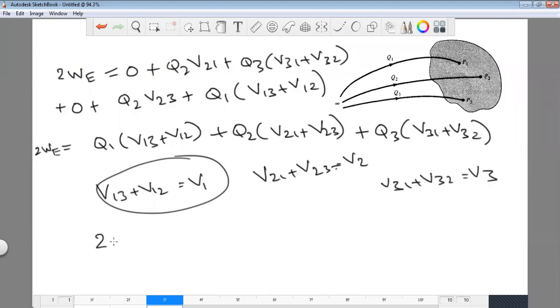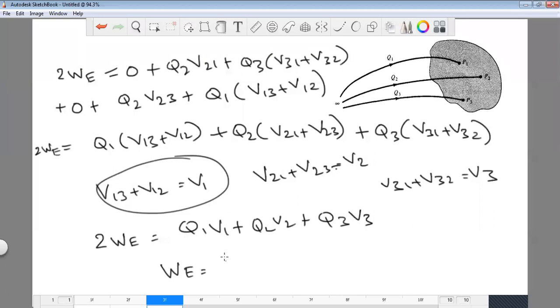So we can write 2W suffix E equals Q1 V1 plus Q2 V2 plus Q3 V3, where V1 is the electric potential for charge Q1, V2 for charge Q2, and V3 for charge Q3. So W suffix E equals 1 by 2 of Q1 V1 plus Q2 V2 plus Q3 V3.